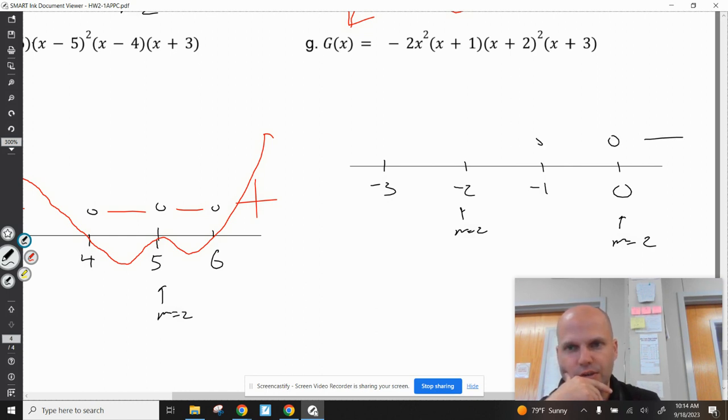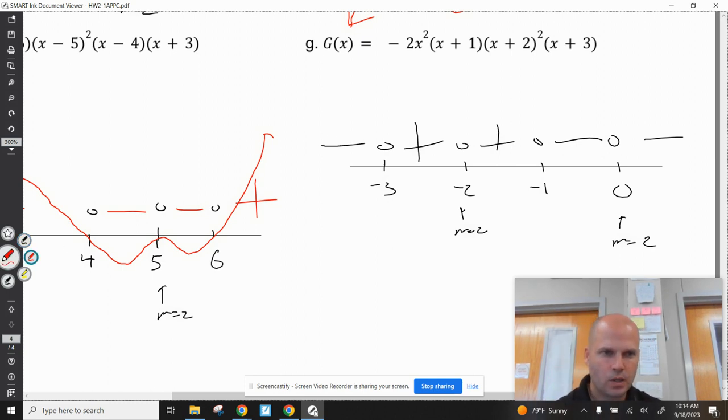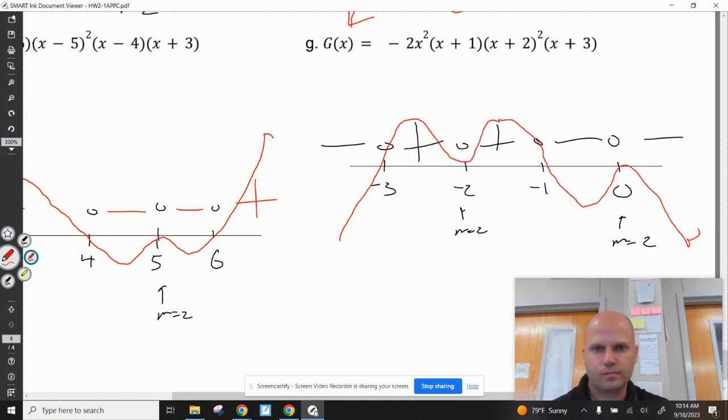We got zeros here, here, here, here. Okay, hit of 0, don't change signs. Change signs. Don't change signs. Change signs. Negatives to zeros. Don't change signs. Negatives, don't change signs.